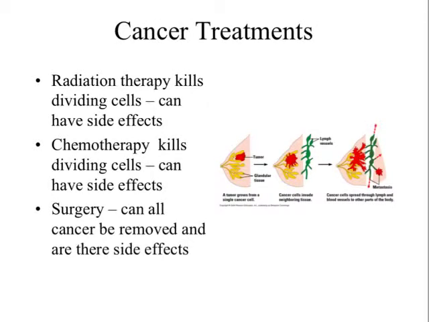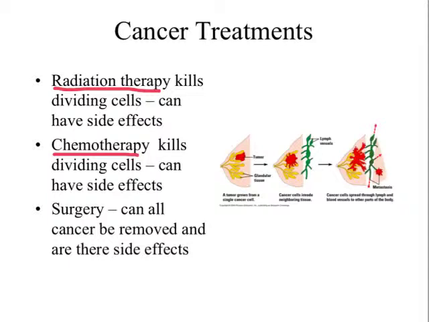So medicine has come up with some ways to try to treat cancer. There's radiation therapy and chemotherapy. Those are the two big avenues of cancer treatment. Radiation is higher energy radiation waves being pointed at where most of the cancer is, and those waves can kill dividing cells, although it has side effects because it also kills healthy cells.